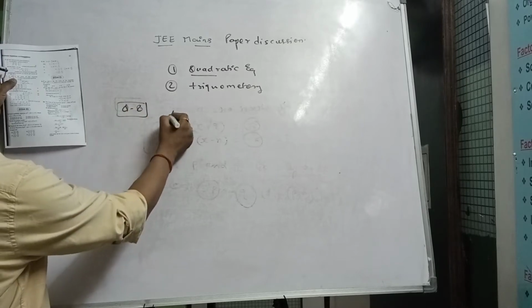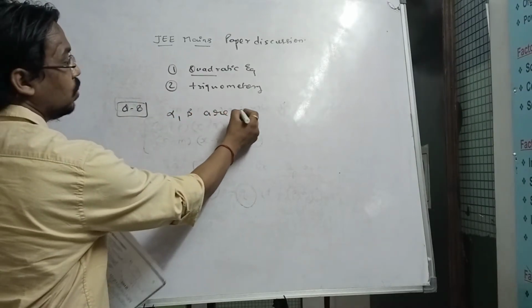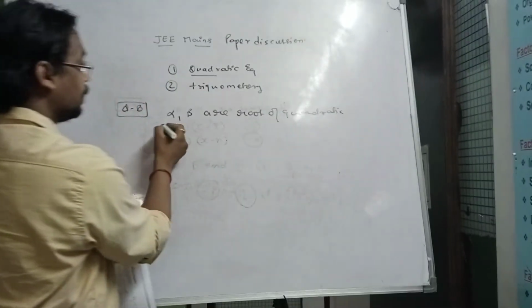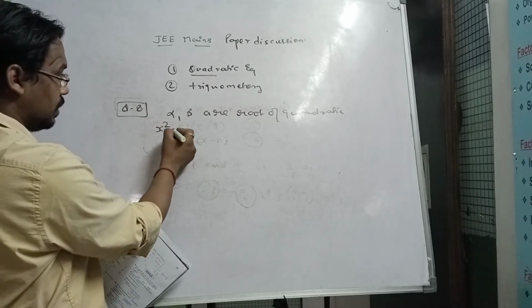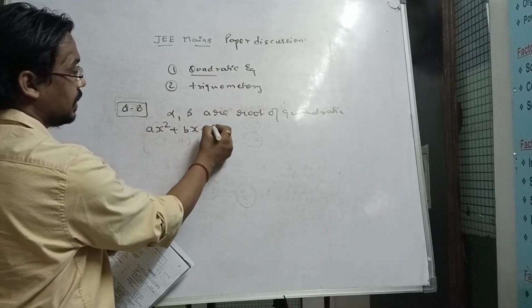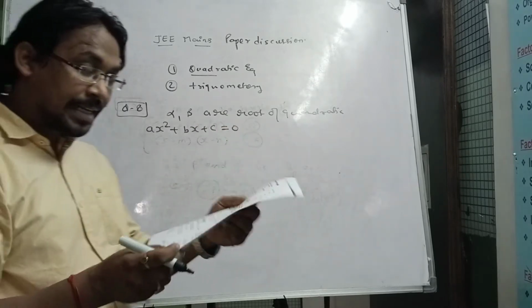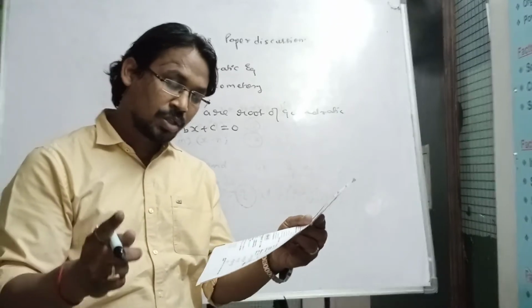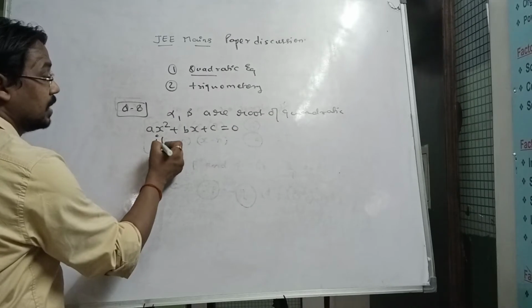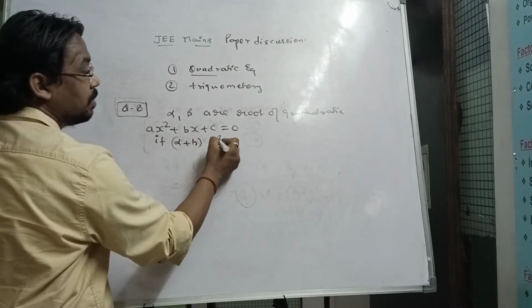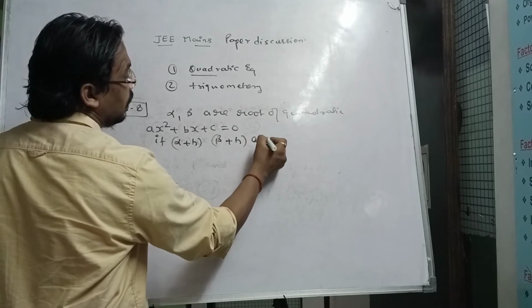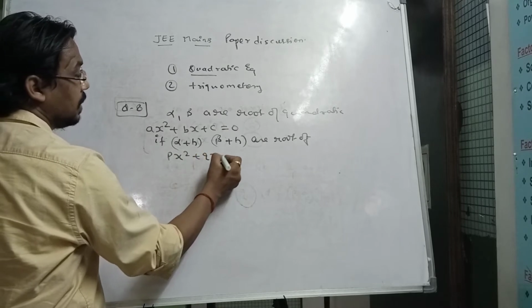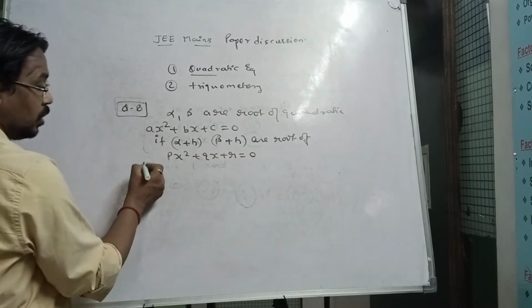In this question they say alpha and beta are roots of the quadratic equation ax square plus bx plus c is equal to 0, and they ask: if alpha plus h and beta plus h are the roots of px square plus qx plus r is equal to 0, then what will be the value of h?